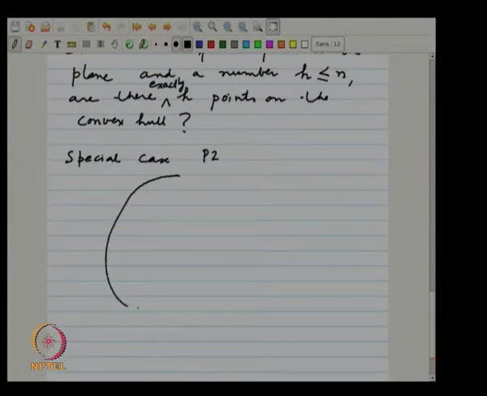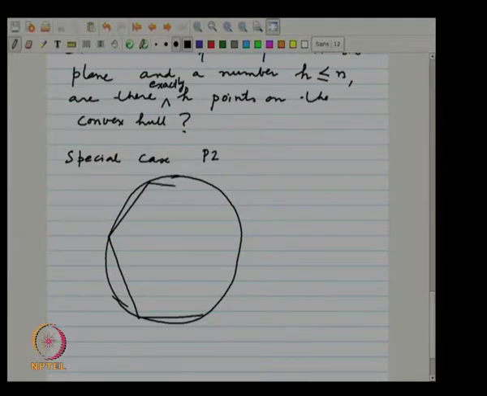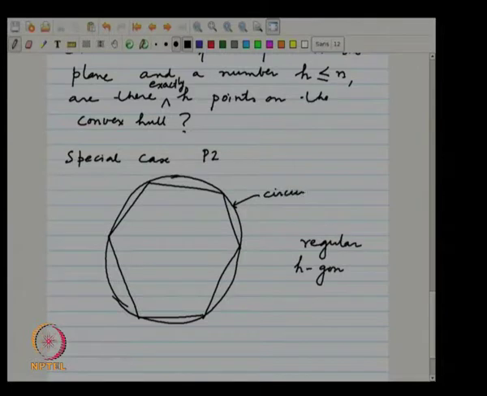So this is a regular H cone. And this is the circumscribing circle of the H cone.